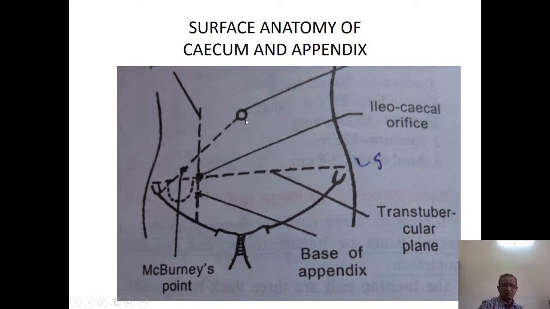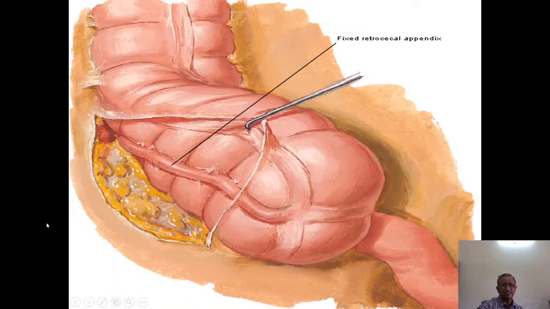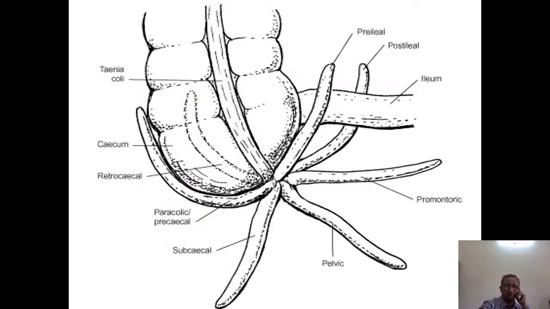This is the umbilicus, this is the anterior superior spine, and medial two-thirds and lateral one-third. Here we are seeing McBurney's point. McBurney's point is where we see the maximum tenderness in case of acute appendicitis.